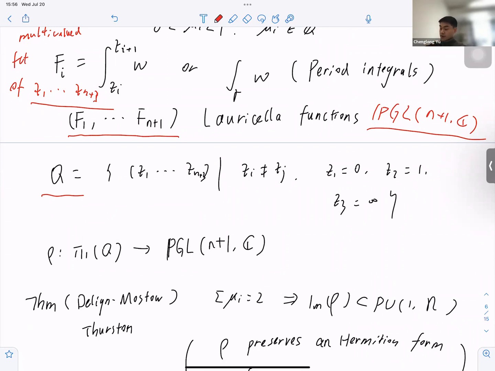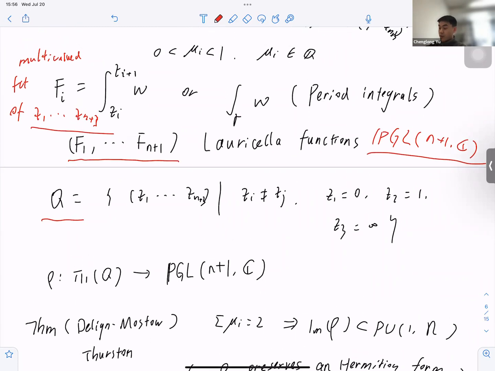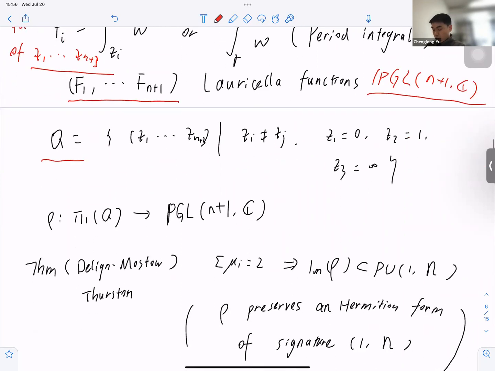And one important generalization of the classical theory, for 4 variables, or from Schwarz theory, was studied by many mathematicians, and in the 80s, Deligne-Mostow and also Thurston gave a uniform treatment of this theory. So I will only describe the part about the hyperbolic case.